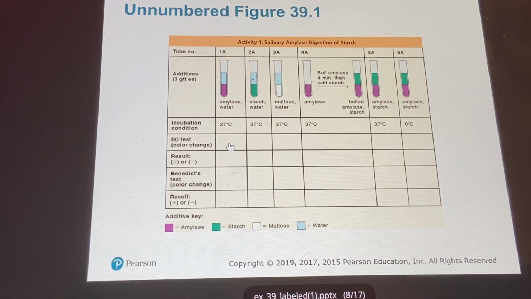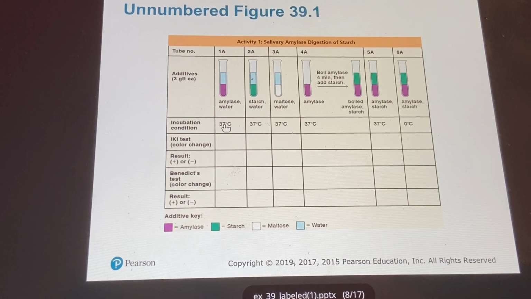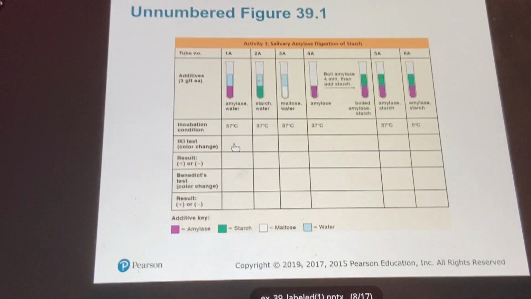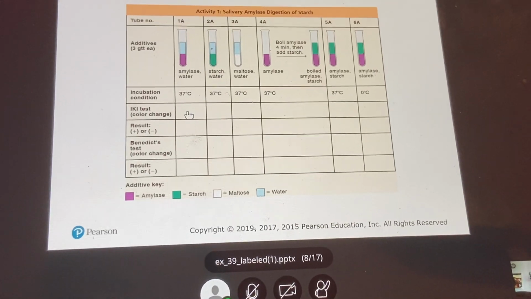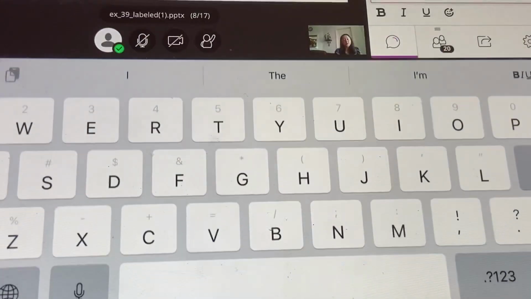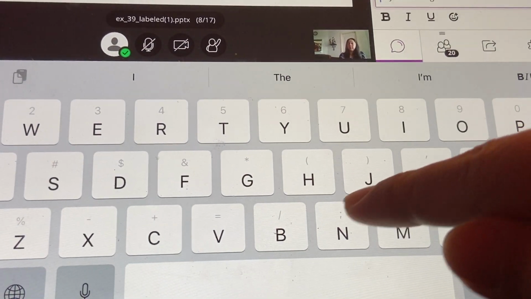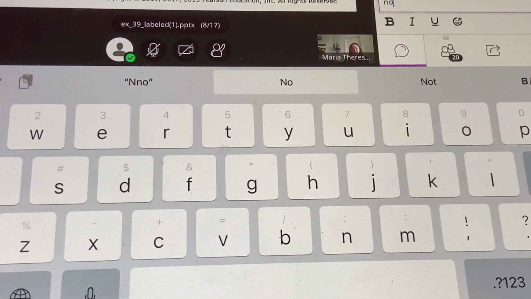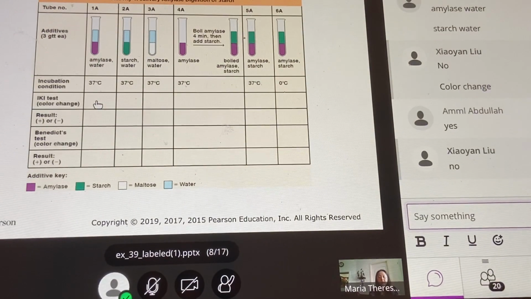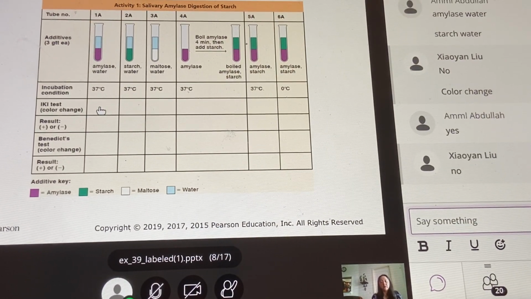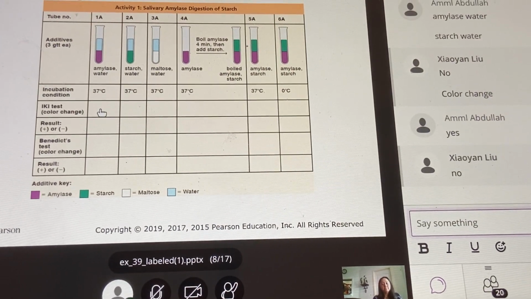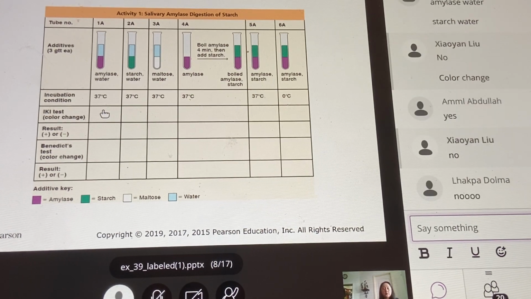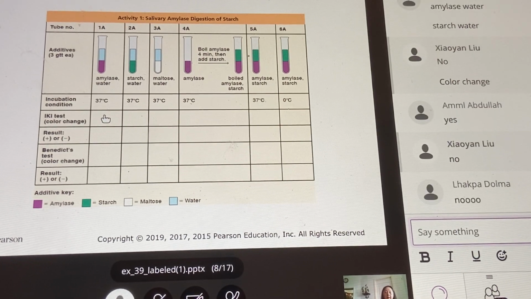So, what do you think with amylase and water soaked at 37 degrees? Will there be starch there? Will it be positive for starch? Will it be blue black? No. I like those answers. You answer them so you understand what's happening.